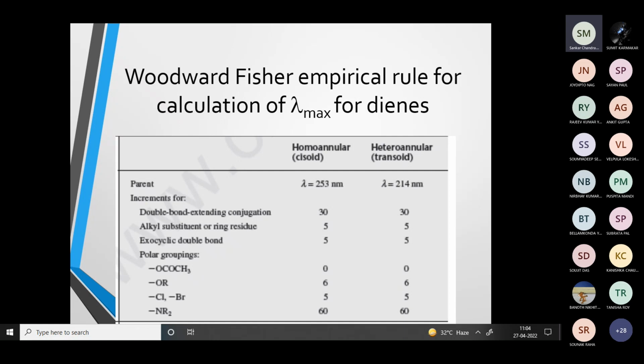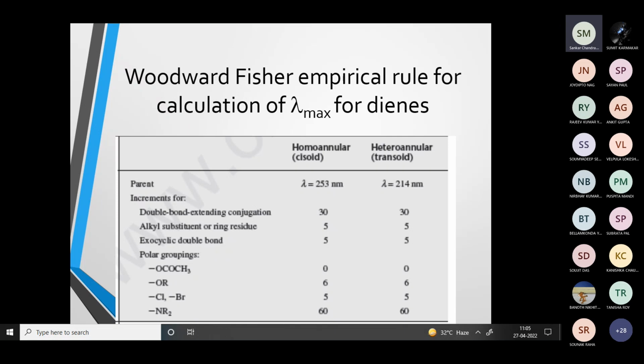And lambda max we determine from experimental spectroscopic analysis. If you take any spectrum of a compound, you have to make a solution of the compound and measure at a very low concentration, and you will get a spectrum. There are different sharp peaks you will observe, might be 1, 2, 3 or like this.